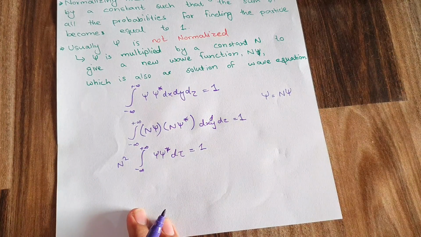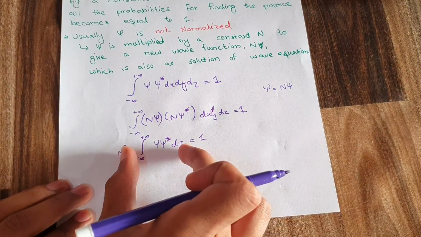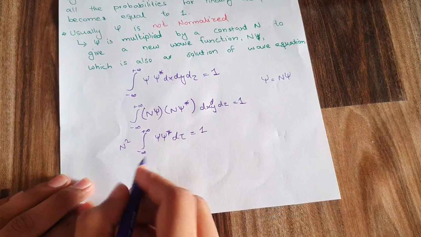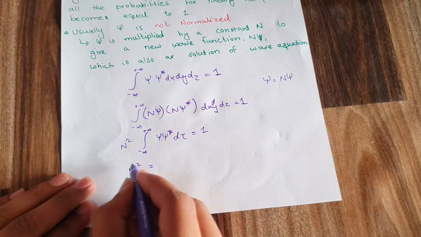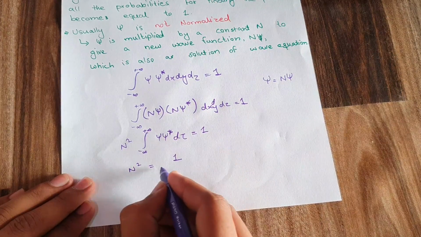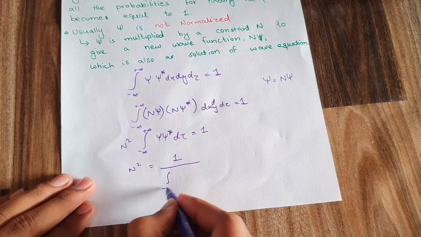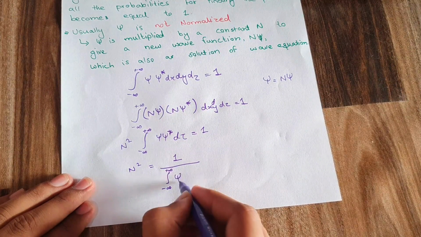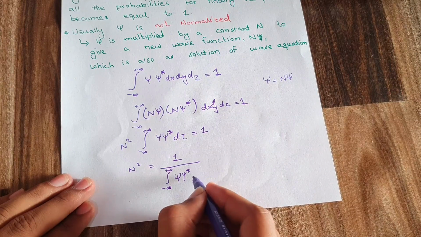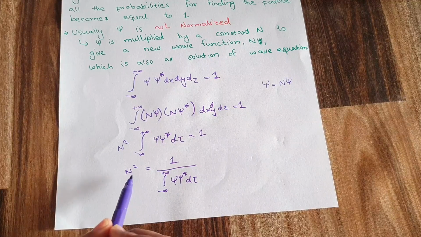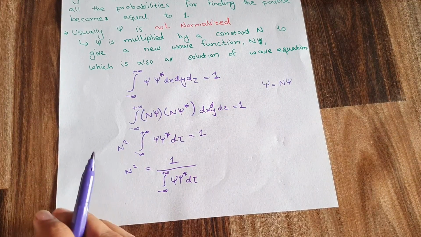So I am going to find the value of this constant. I want to divide this equation, so this part of the equation will go to the right hand side. So n square will become equal to 1 divided by this part of the equation, which goes in the denominator of the right hand side. So it will become equal to 1 over the integral from minus infinity to positive infinity of psi star psi d tau. I want to find the value of this constant n, so I have to take the square root on both sides.